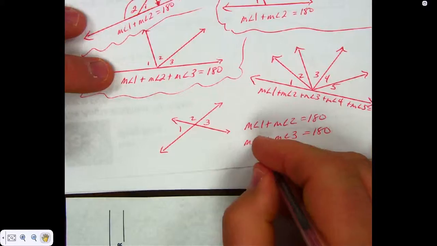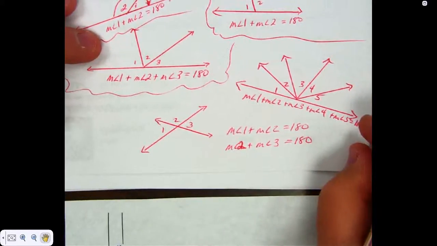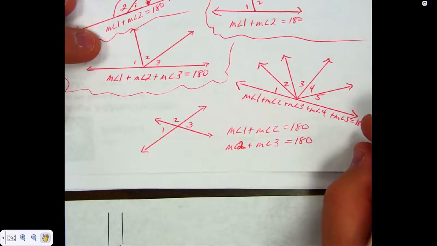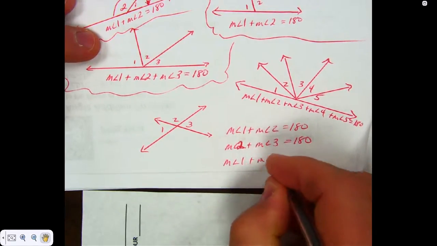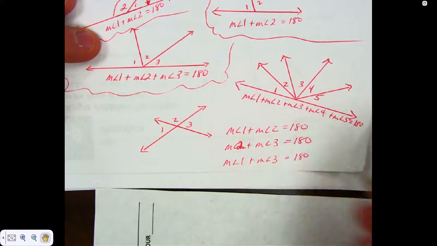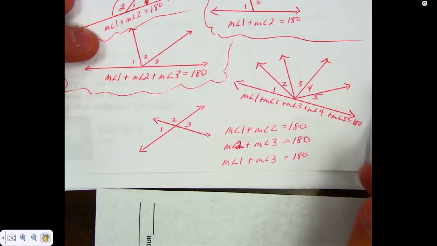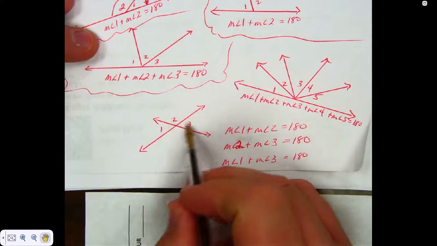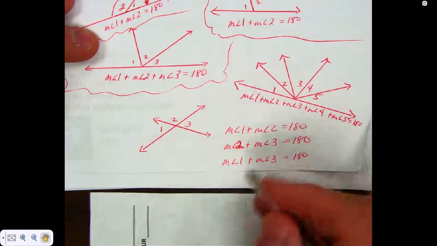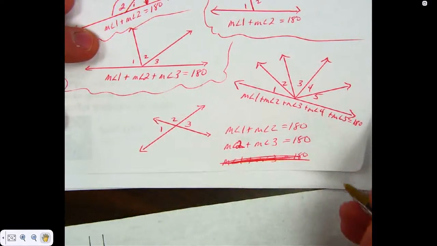Now, is there anything else you think I could say? The measure of angle 1 plus the measure of angle 3 is equal to 180. Does anyone know why? Because it's still that line, just on a different side. No, they're not necessarily equal to 180.